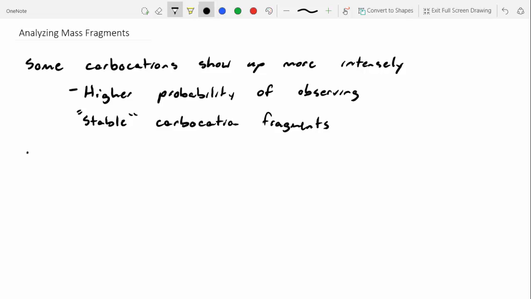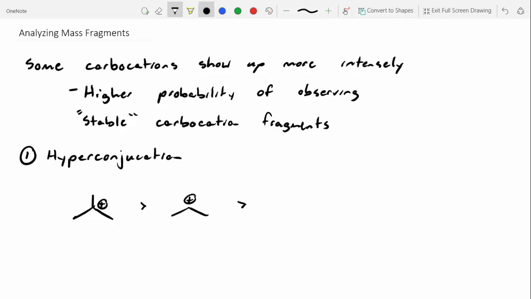So let's take a look again at what stabilizes carbocations. First thing we went over in first term was hyperconjugation, where we said that tertiary carbocations are much more stable than secondary carbocations, and this is much more stable than a primary carbocation, and this is much more stable than a methyl carbocation.